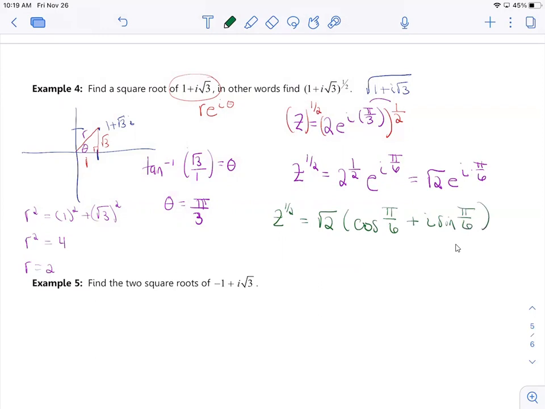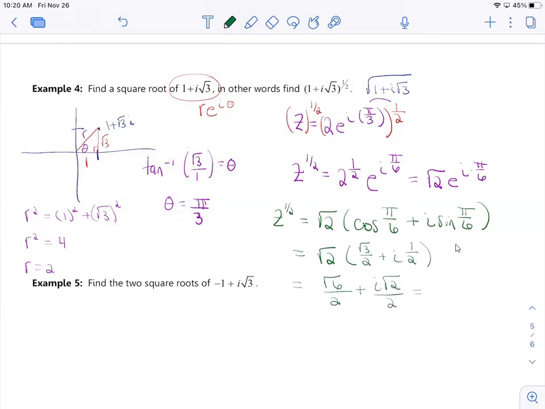Here's the cool thing. You can use your unit circle. Well, we know cosine of pi over 6 is root 3 over 2 plus i sine of pi over 6 is 1/2. And then if we distribute that, we end up getting root 6 over 2 plus i root 2 over 2.